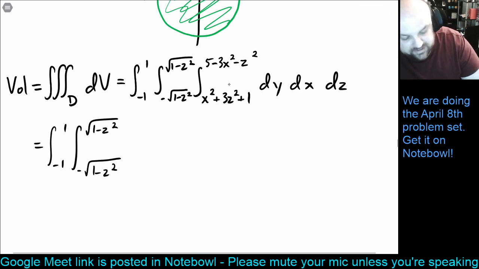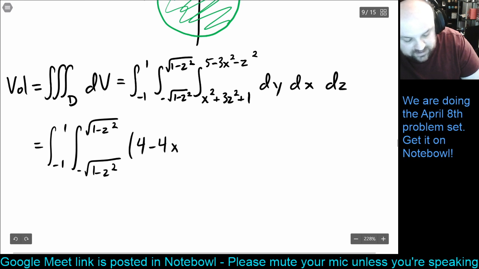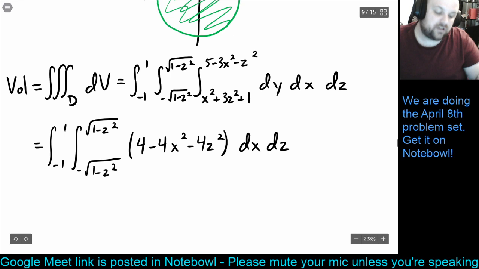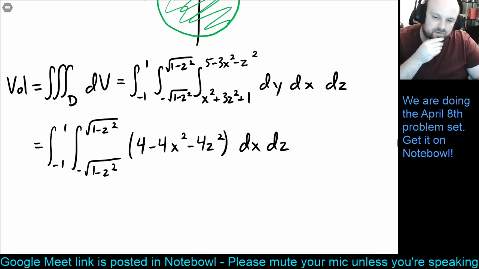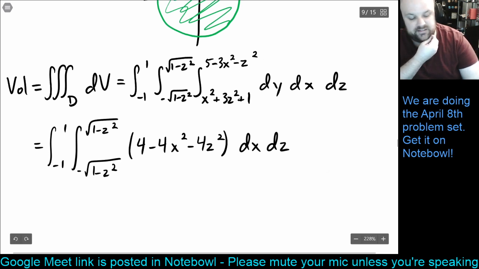So this ends up being this minus this, which is 4 minus 4x squared minus 4z squared. If you're not sure about that, just compute it as you normally would, and you'll see you just end up doing this minus this.